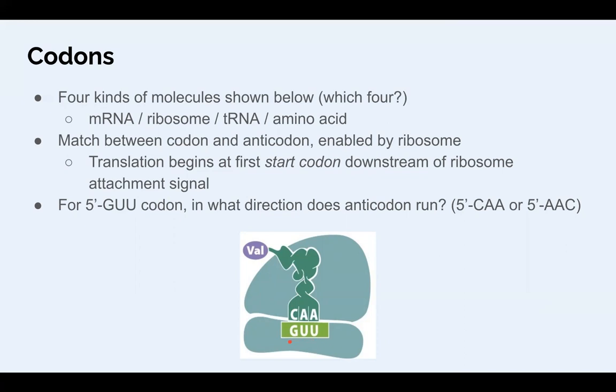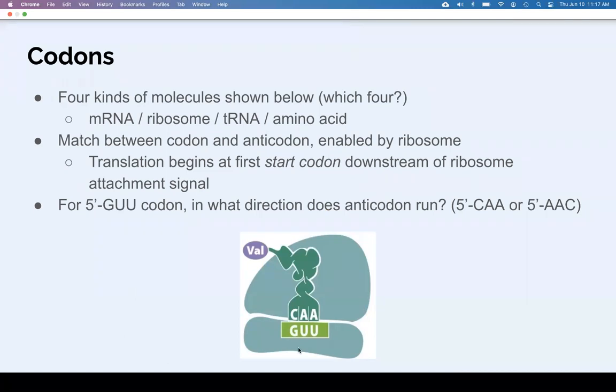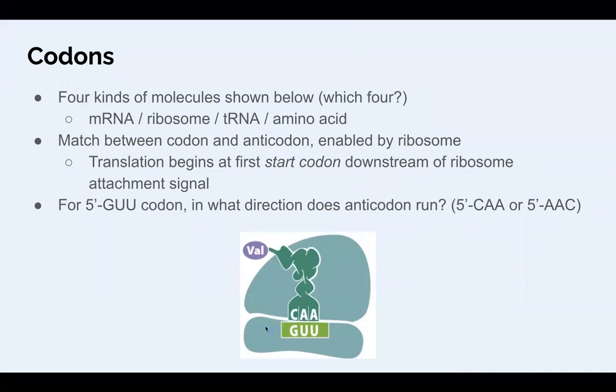The mRNA molecule has the 5' on the left and the 3' on the right. Let me draw it out here where it shows up better. 5' on the left, 3' on the right. That would be the mRNA molecule. Then the anticodon is actually anti-parallel to that. So at the location of the anti-parallel anticodon, it's actually 5' on the right and 3' on the left.